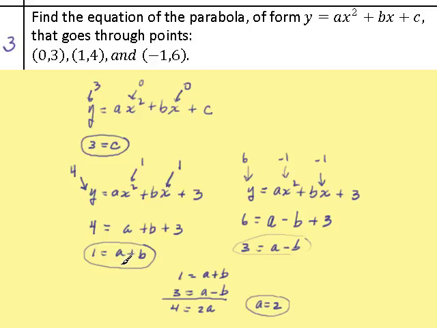All right, in this equation, if we just put the 2 right here, and then subtract 2 from both sides, we get that b is equal to minus 1. So we have a, b, and c, and we can just write down our equation now. Let me write it up here. So we have y is equal to a is 2, 2x squared, b is minus 1, minus x, and c is 3.